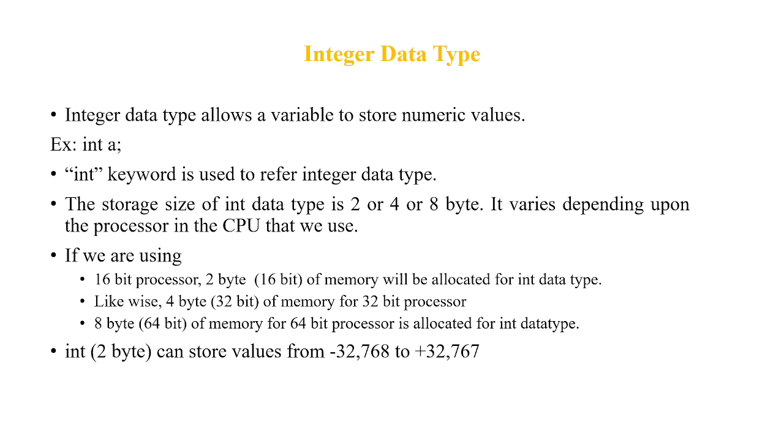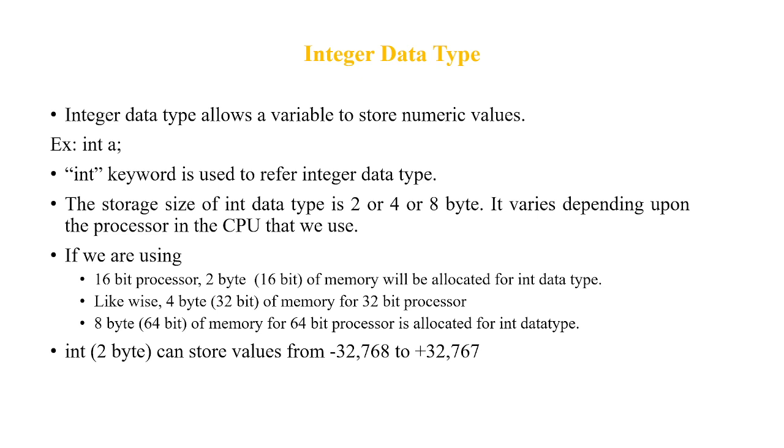And that also varies depending upon the processor in the CPU that we are going to use. If we are using a 16-bit processor, then for integer data types it takes 2 bytes of memory. If we are using a 32-bit processor, then it takes 4 bytes of memory for integers. And if we are using a 64-bit processor, then for integer data types it takes 8 bytes of memory.